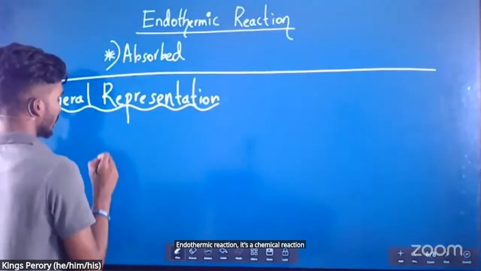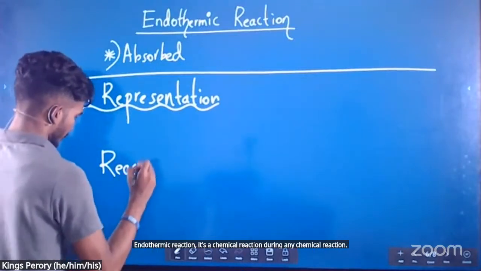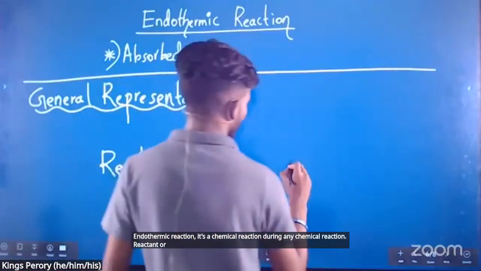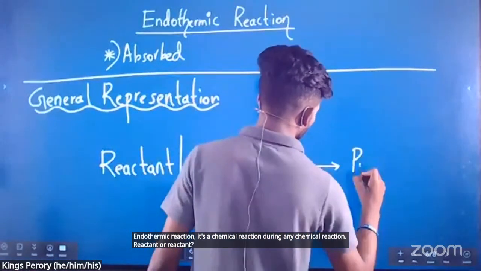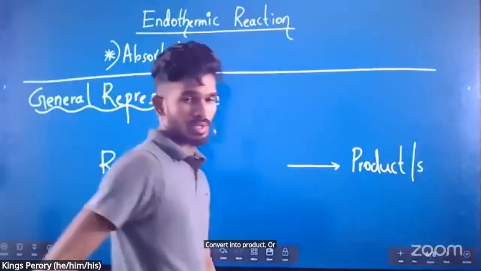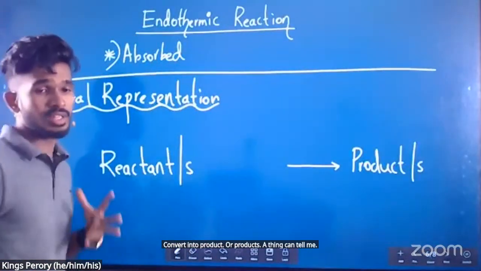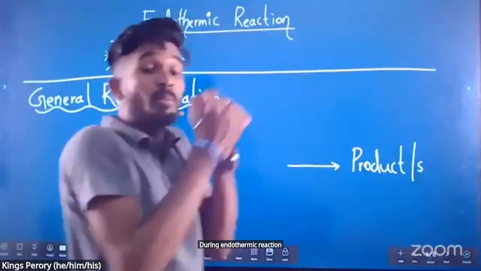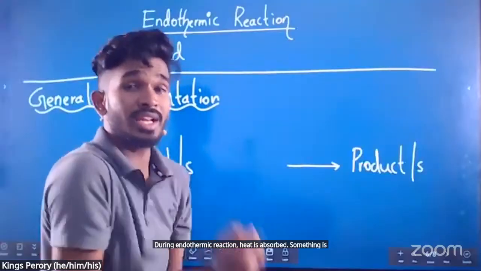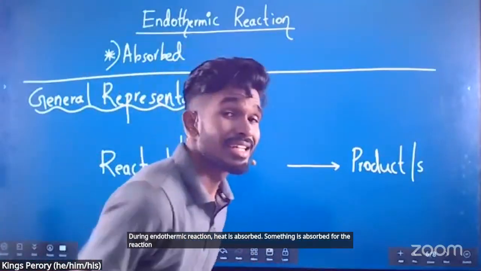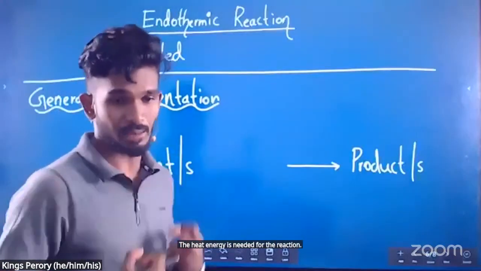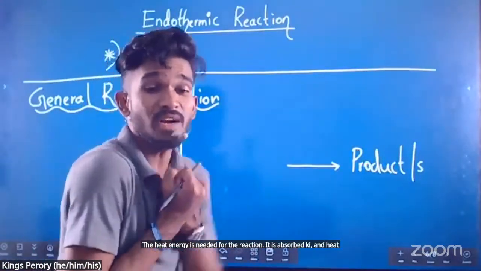During any chemical reaction, reactant or reactants convert into product or products. Now think and tell me. During endothermic reaction, heat is absorbed. Something is absorbed for the reaction. That is something like the heat energy is needed for the reaction.